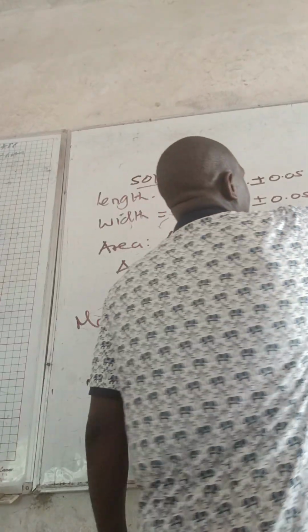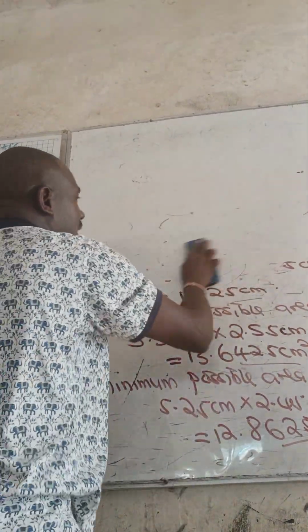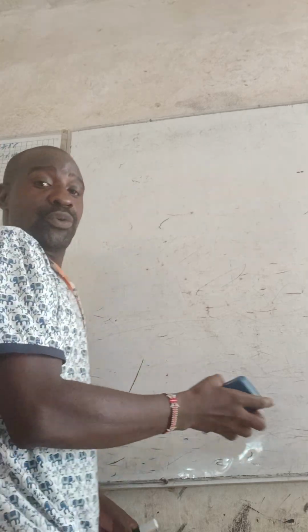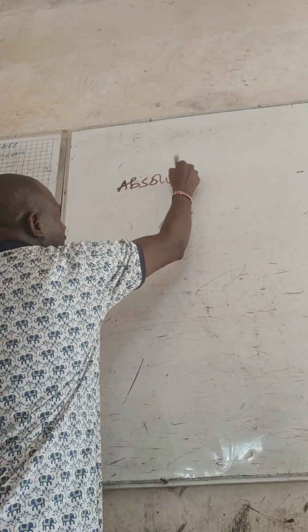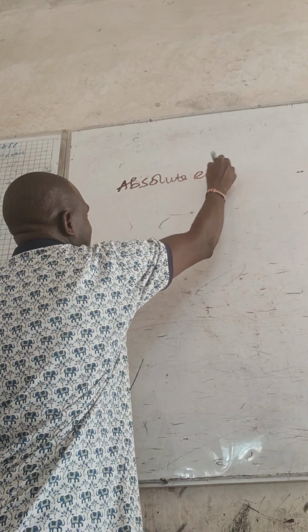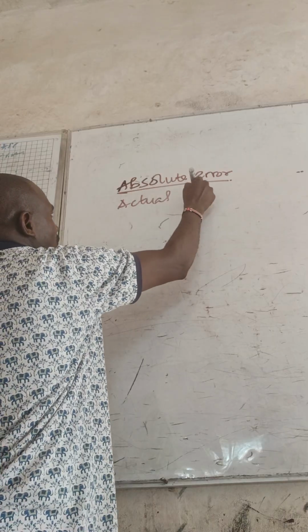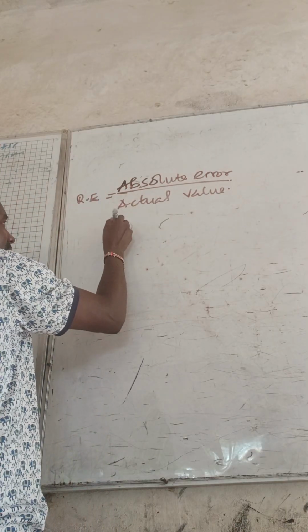So can we work out that? Yes, we can. So how do we work it out? The absolute error divided by the actual value gives us the relative error.